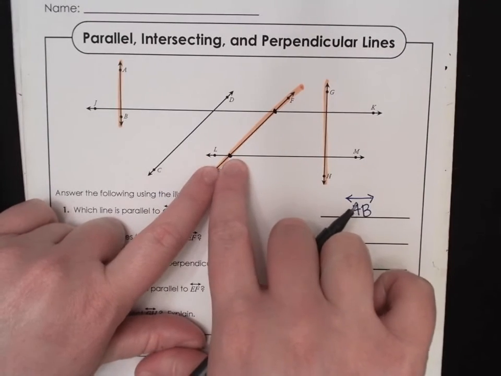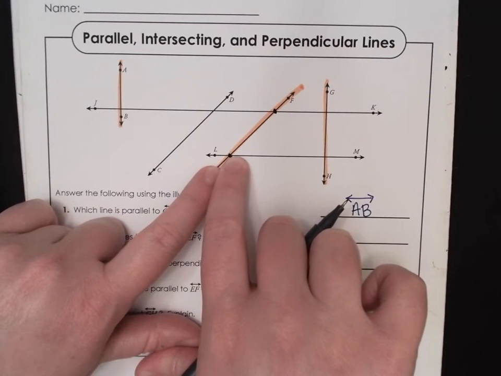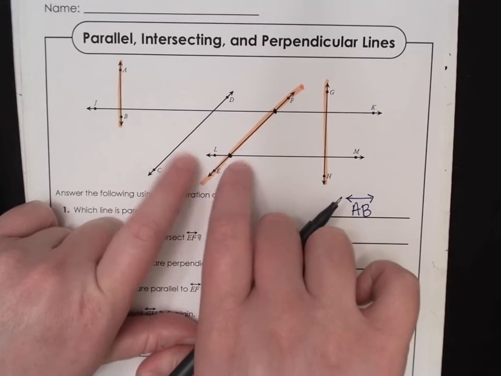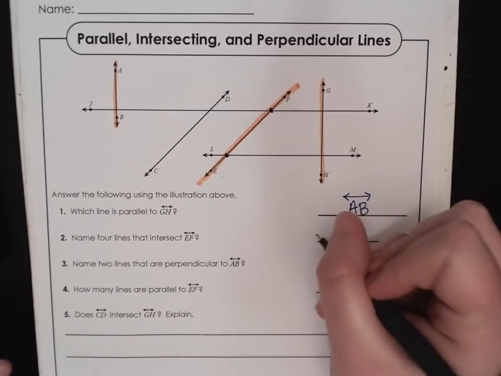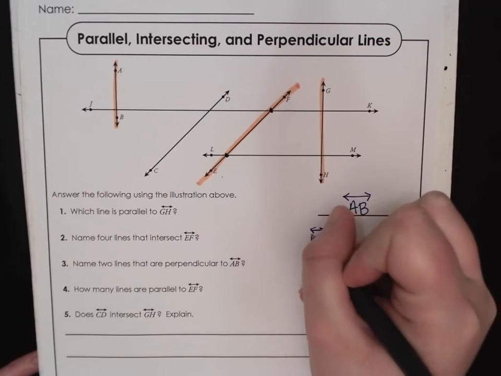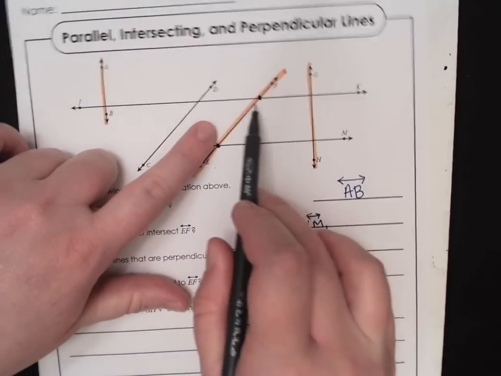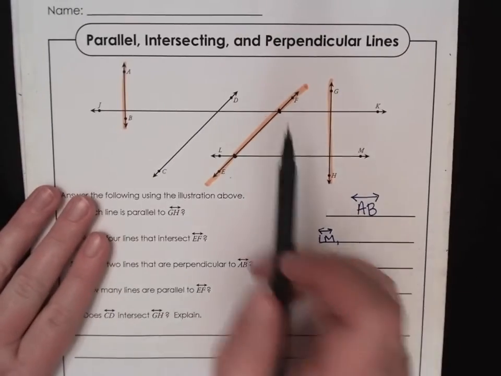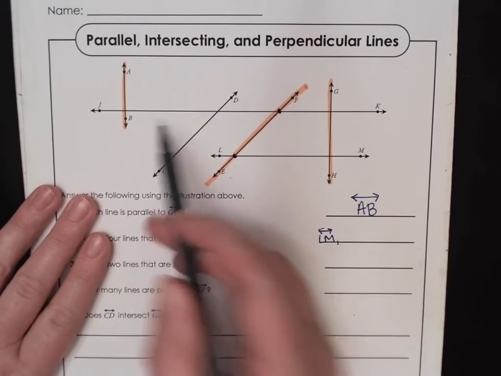Those lines cross over to form that point. They form angles right there, but none of those are right angles, so it's just an intersecting line. So line LM also, up here, I see this line intersects with it. Again, there's not a right angle formed. So line JK.